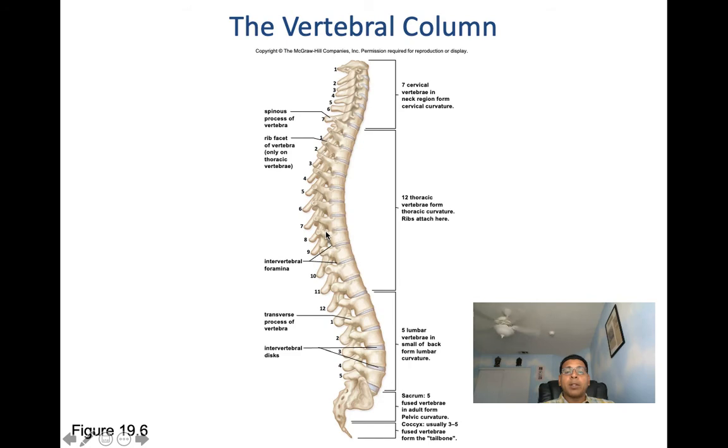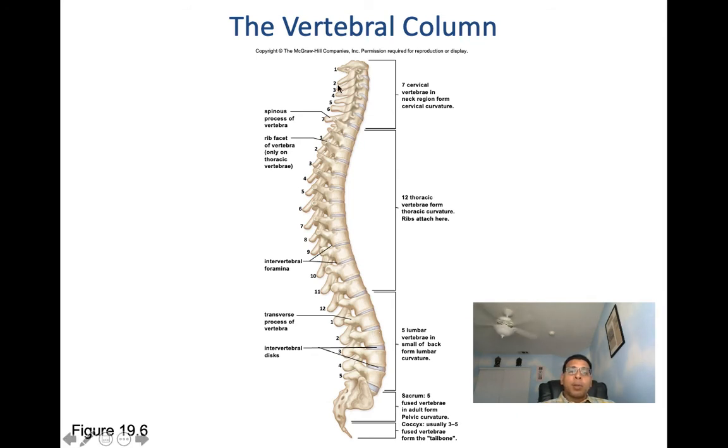That's going to allow the spinal nerves to make their way through. You can see those there very nicely. And then intervertebral discs, you can see in between these vertebrae here. One way to remember how many you have there, you can think breakfast at 7, lunch at 12, and then dinner at 5.